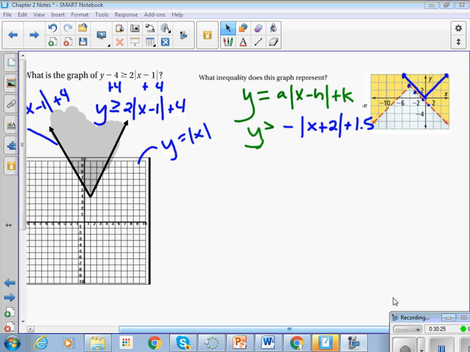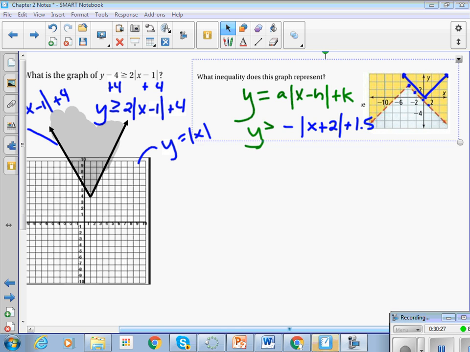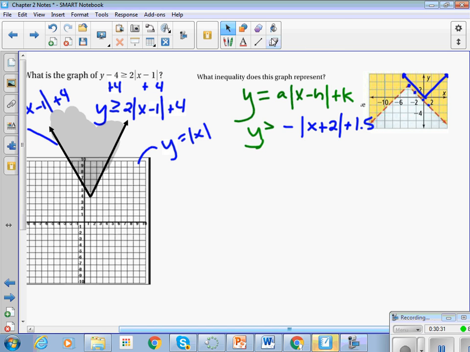All right, so notice right here that we're counting by 2s. So in fact, when we are shifting over, we're shifting over 2 graph units, which is actually a total of 4.